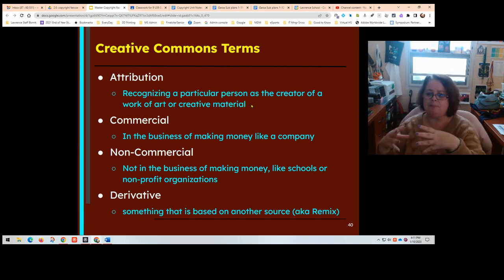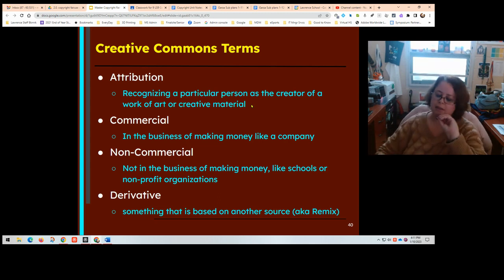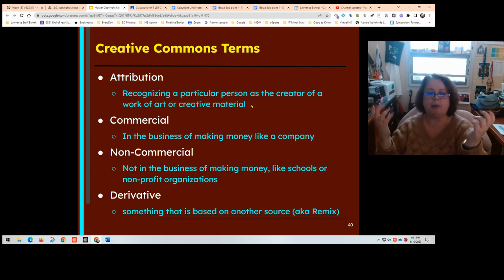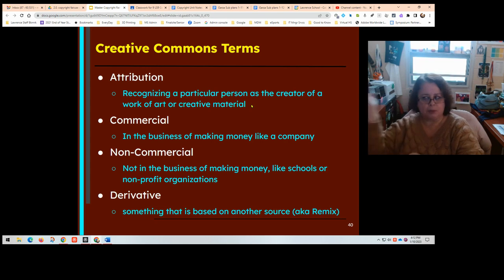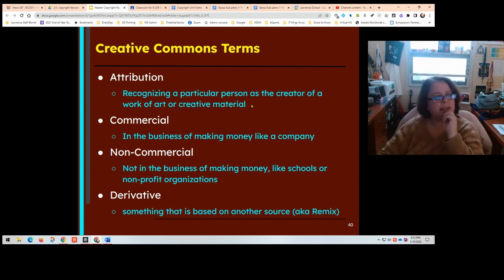They bring money in, but they want to spend as much of that money as possible by doing research or giving assistance to other people, but they're not keeping the money themselves to make a profit or earn extra. So commercial is making money, non-commercial is not worried about making money. They just want to cover their costs of running their organization, but not make a profit.